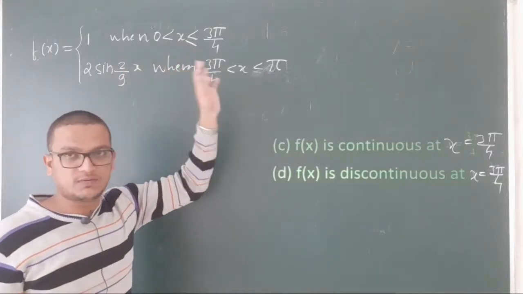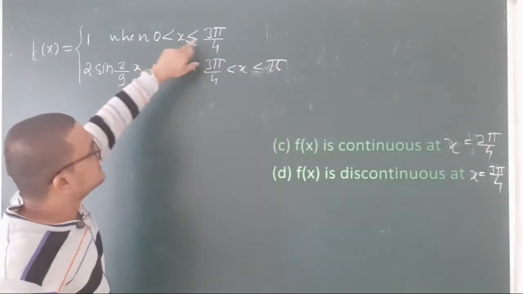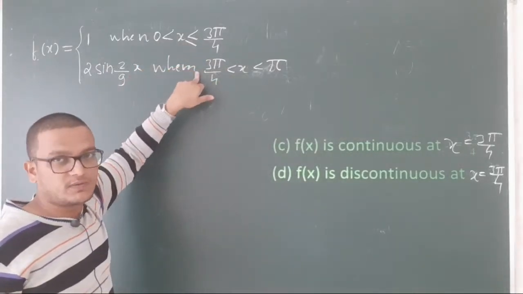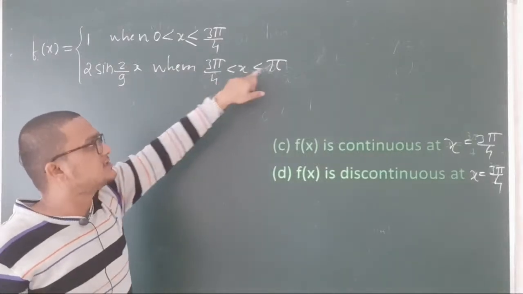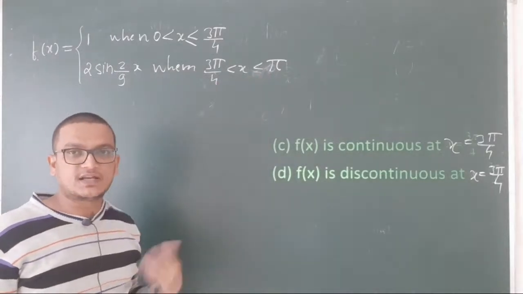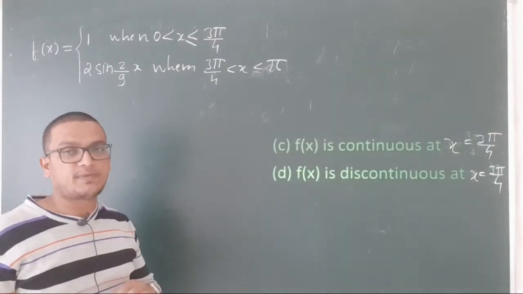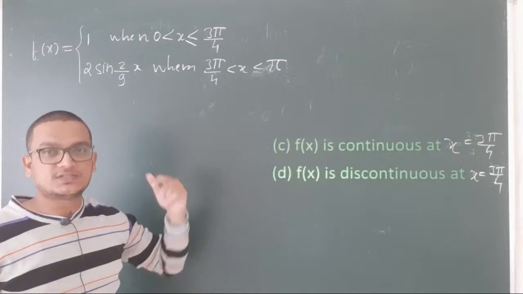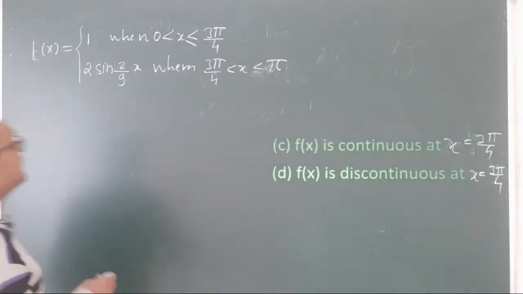No, so 0 is not a limit point. Here x is less than 3 pi by 4 and here x is greater than 3 pi by 4, so 3 pi by 4 is a limit point. One more, here x is less than pi, do we have x greater than pi? No, so pi is not a limit point. So your limit point is 3 pi by 4. Let us check the continuity for 3 pi by 4.